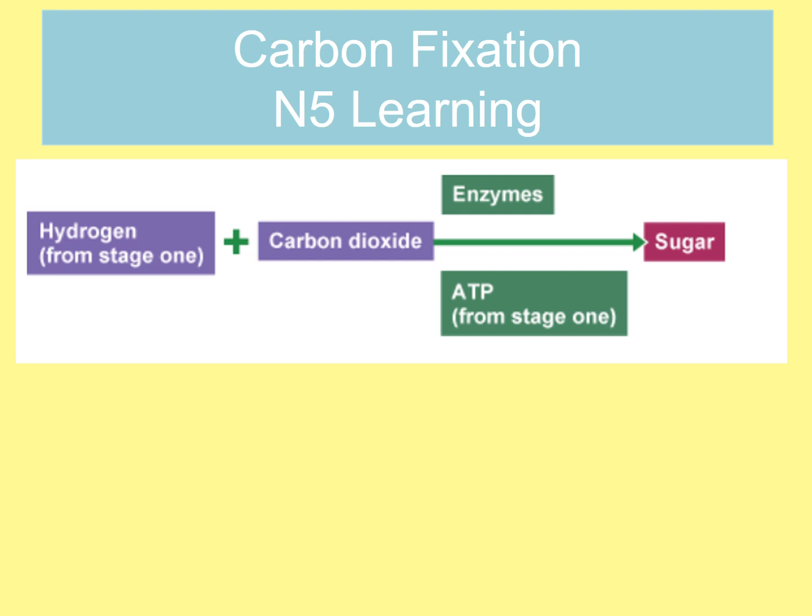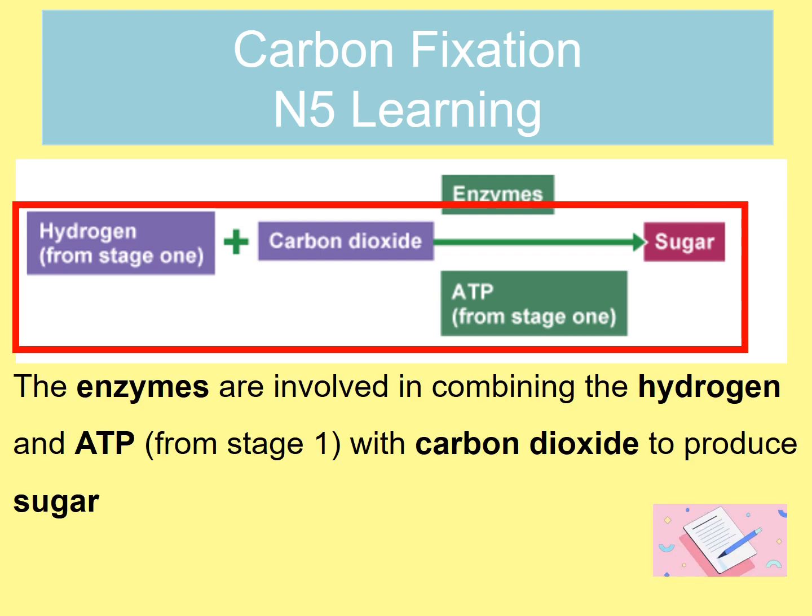How this fixing or formation of the sugar comes about is because the carbon in the carbon dioxide gets combined with the hydrogen and the ATP from the light-dependent stage. So a series of enzymes are involved in combining the hydrogen and ATP from stage 1 with carbon dioxide to produce sugar.